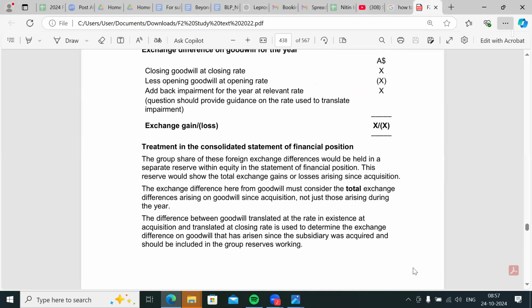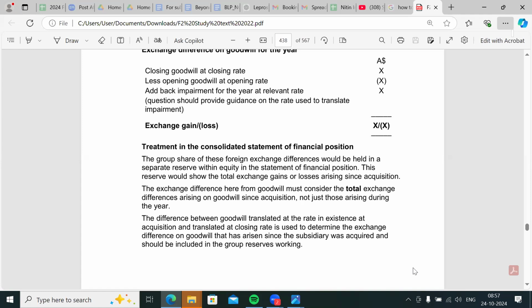Treatment of the consolidated statement of financial position. The group share of these foreign exchange differences would be held in a separate reserve. Don't put them mingled with the retained earnings and all that. Within equity in the statement of financial position. Very important to remember this. This reserve would show the total exchange gains or losses arising since the acquisition happened.